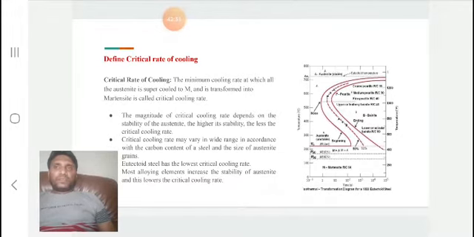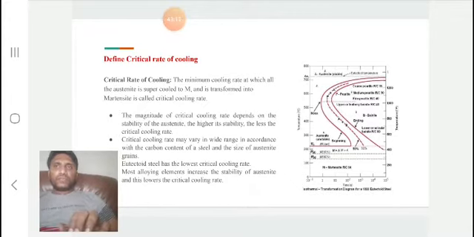Irrespective of the rate, whatever minimum rate at which the entire austenite transforms into martensite is called the critical rate of cooling.